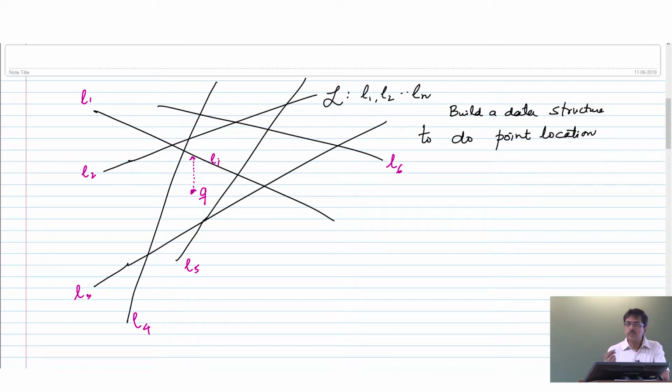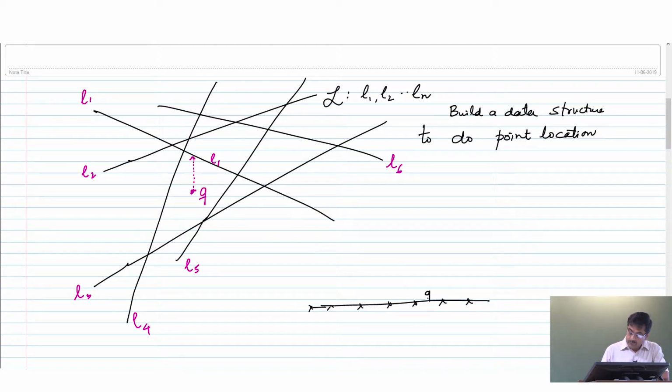Now, how do you go about solving this? Well, one possible technique, very simple actually, is a generalization of the binary search that you do. So, if I had one dimensional objects like points on a line, instead of the lines, and I wanted to do some kind of binary search query.